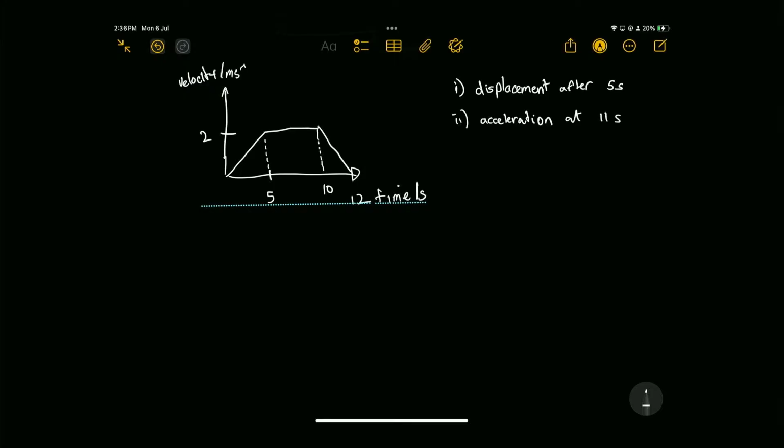Yeah, so determine these two things. And the velocity at 7 seconds.